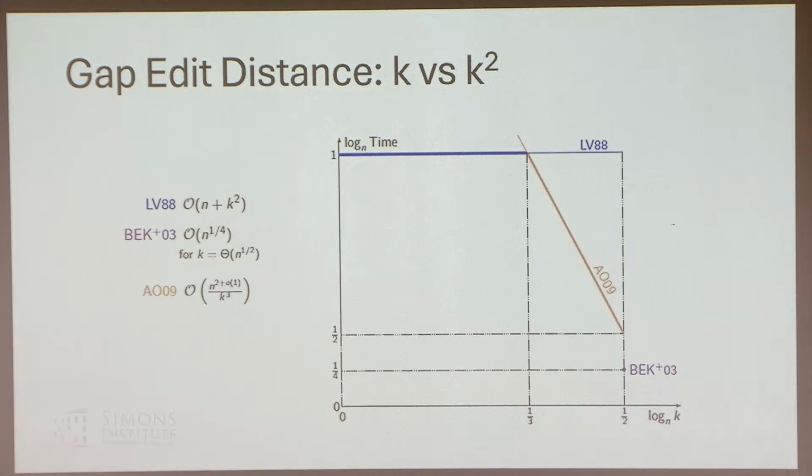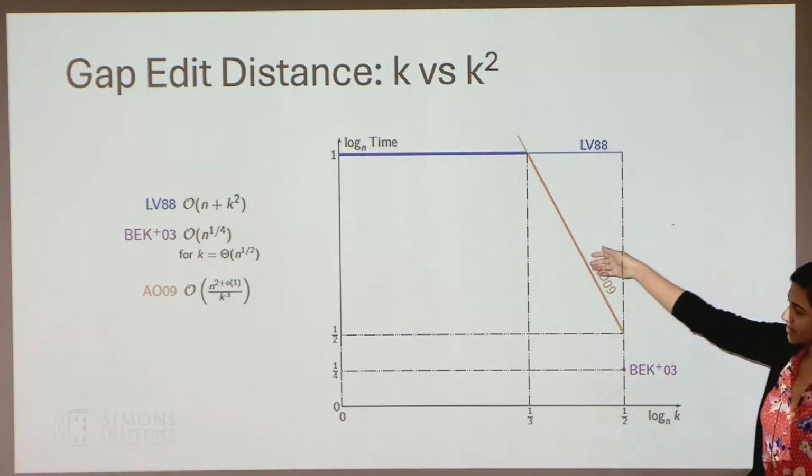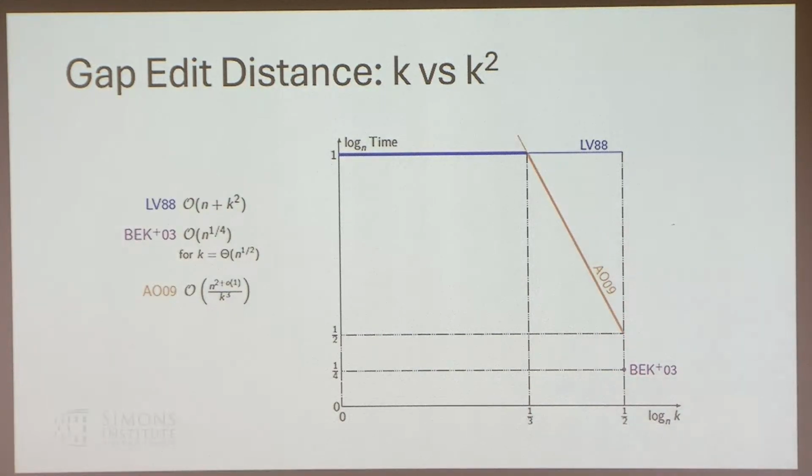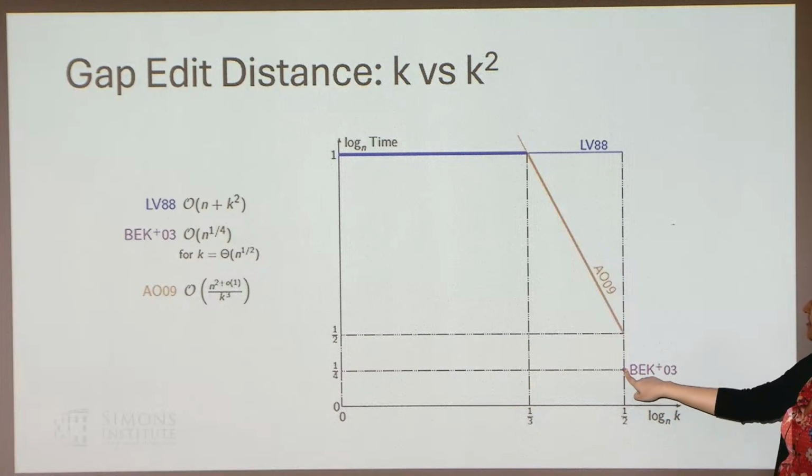Then Andoni-Onak's result. This is what you can get with Andoni-Onak's result. So it doesn't match the 2003 result. The 2003 result is optimal, so this result was not optimal.